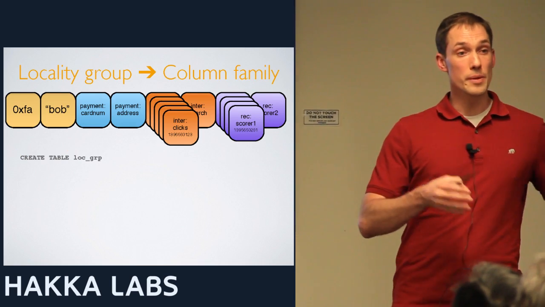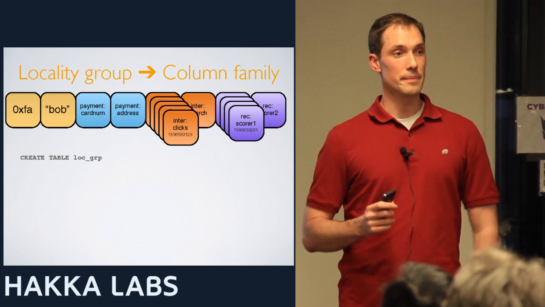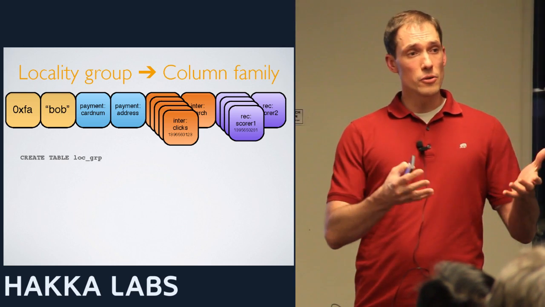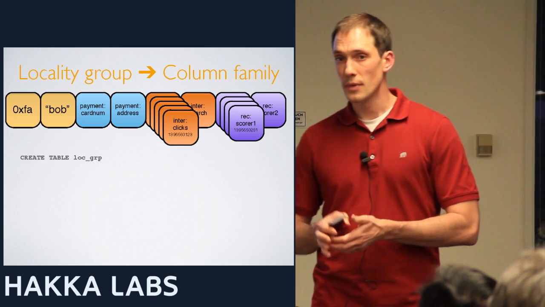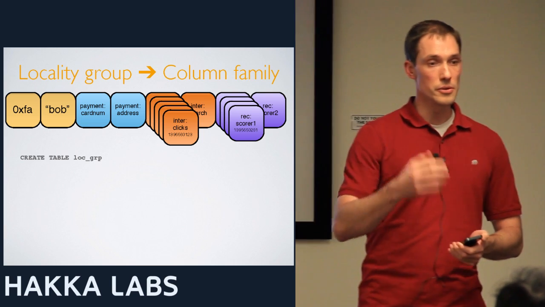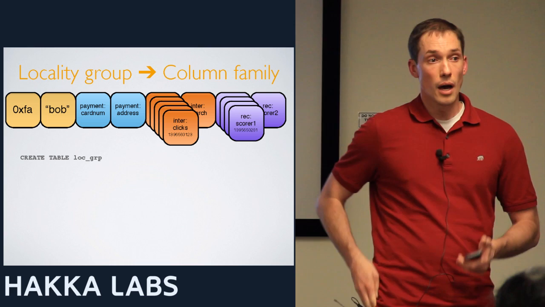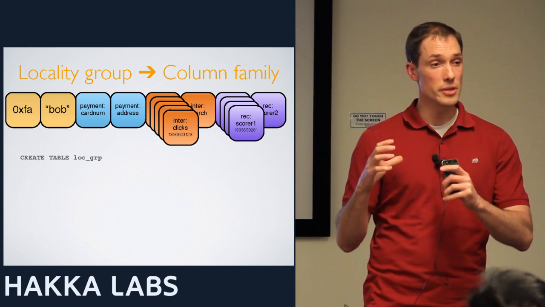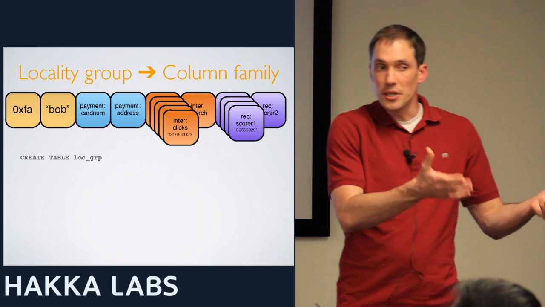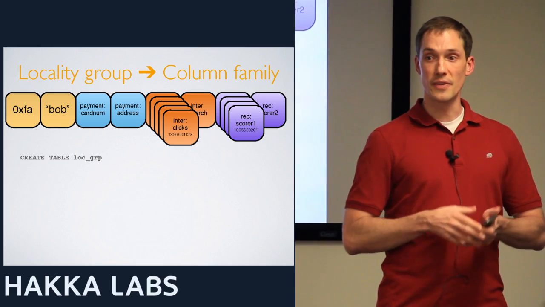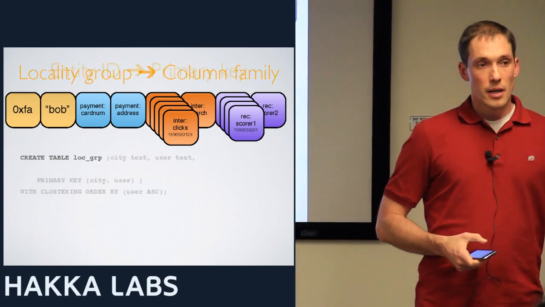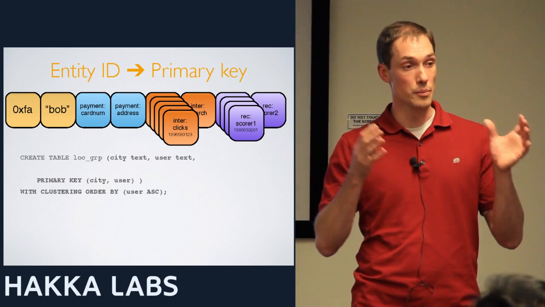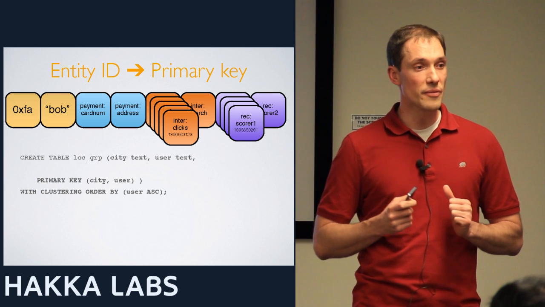So now I'll talk about how we map this data model onto Cassandra. To begin with, we map locality groups to column families. This makes sense, and those of you using Cassandra know that a given column family we store contiguously on disk. So mapping a locality group to a column family makes sense. Then the entity ID we map to the primary key of our column family.